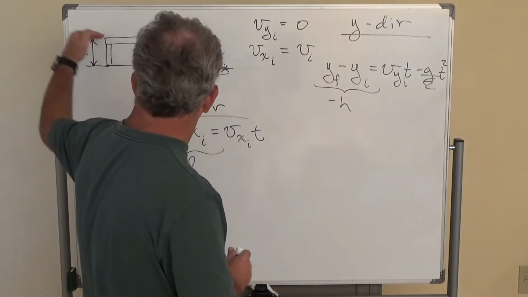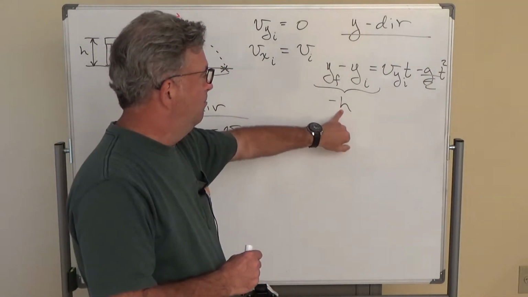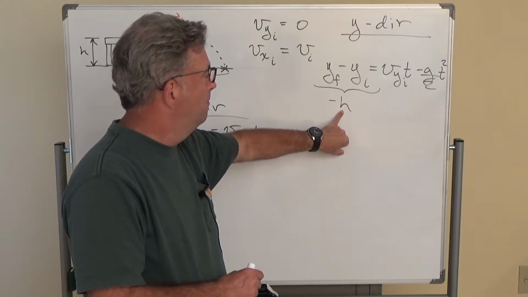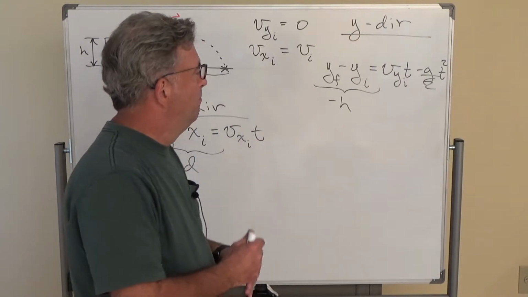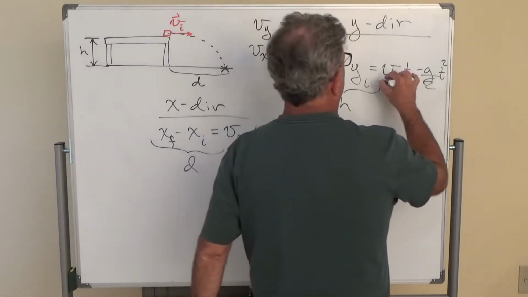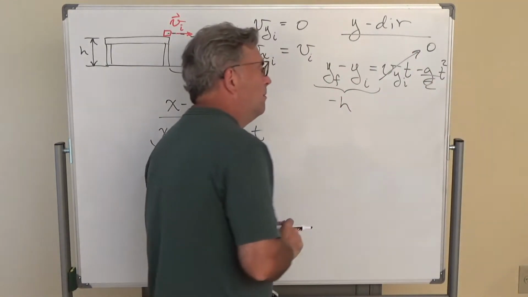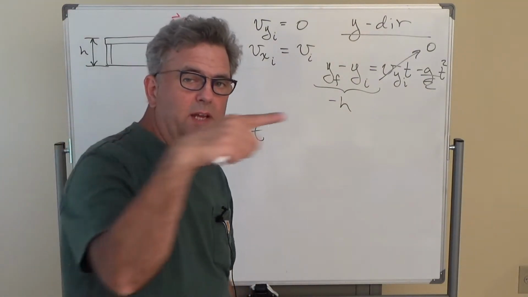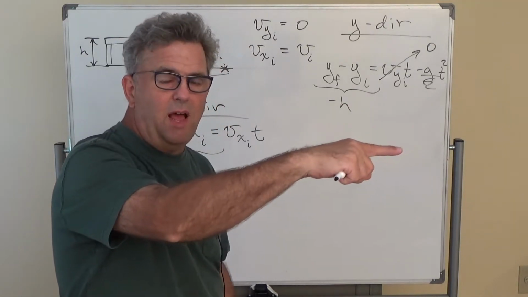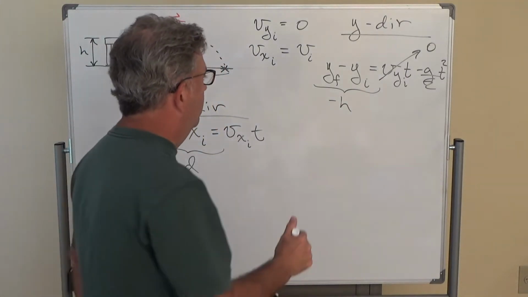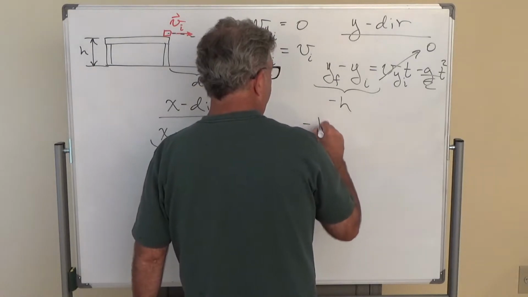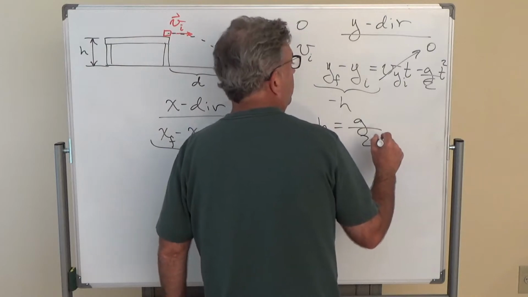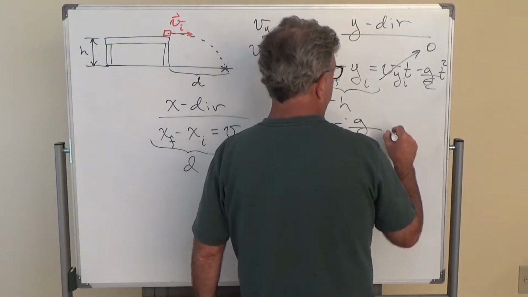Y initial is h. So this is minus h. And Vy initial is 0, because it came off the edge of the bar just with an x velocity, no y velocity. So you end up with negative h is equal to negative g over 2 t squared.